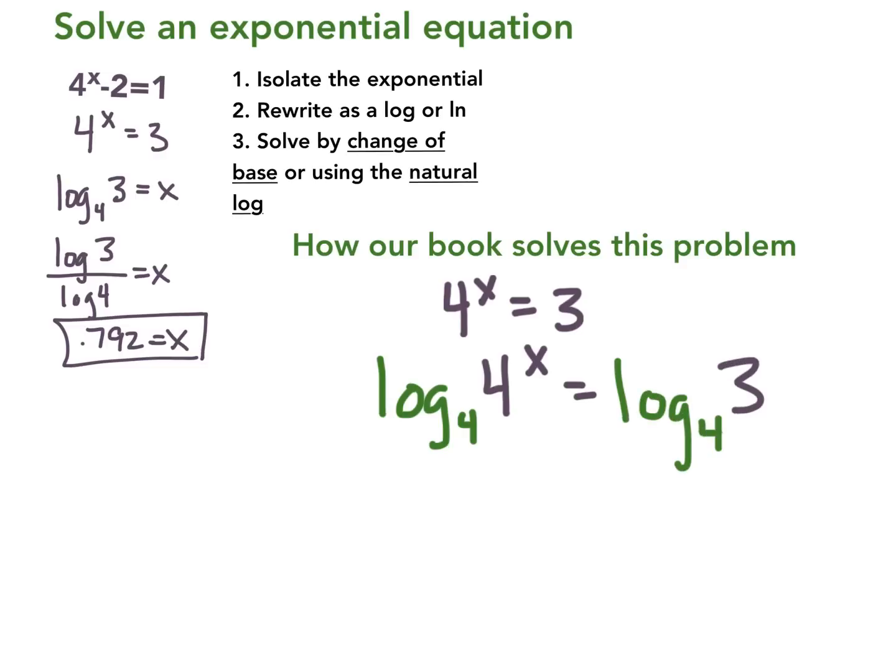And now we see that this is actually the same thing. See how we ended up with log base 4 of 3 equals x? Log base 4 of 4 to the x, that's just x equals log base 4 of 3, and then we end up at the same spot, right? We would use change of base and end up here again. But this way is the way I found to be the easiest.